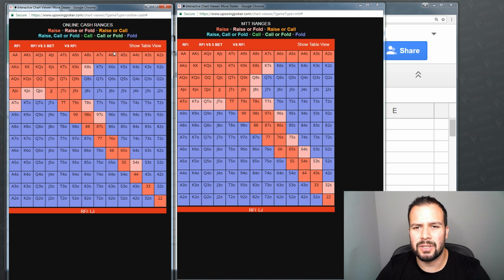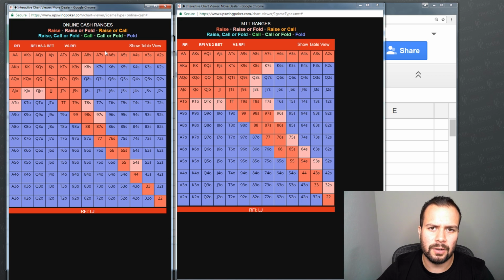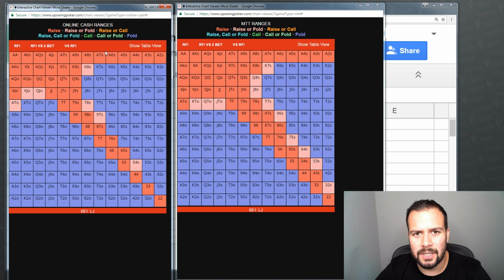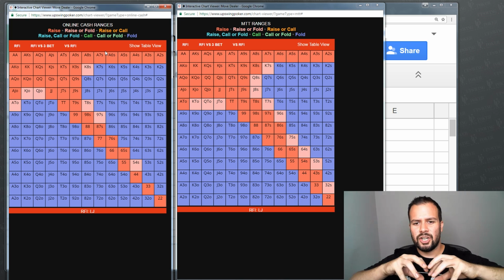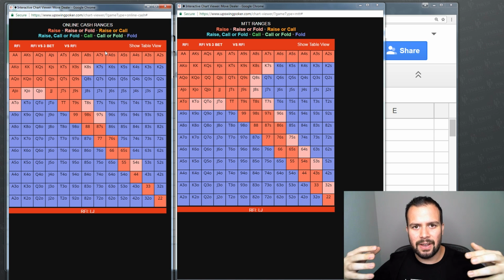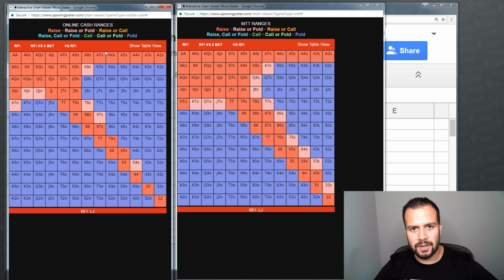A lot of the time you raise and the big blind calls. A lot of people pick smaller raise sizes in tournaments, and it's like the raiser and the big blind player chopping up the expected value, the theoretical amount of chips in there, that every other player used to contribute.